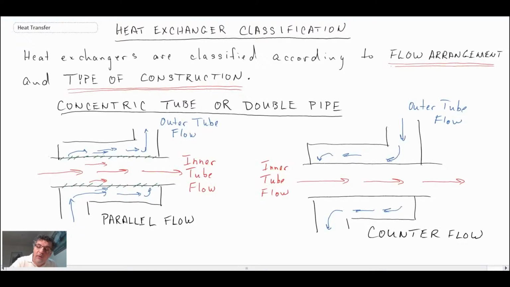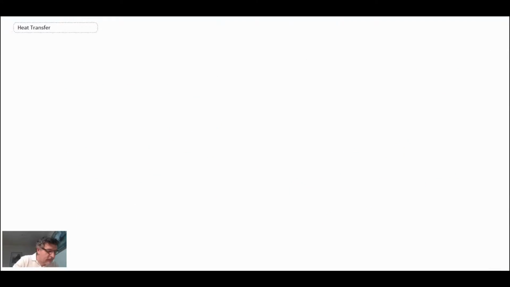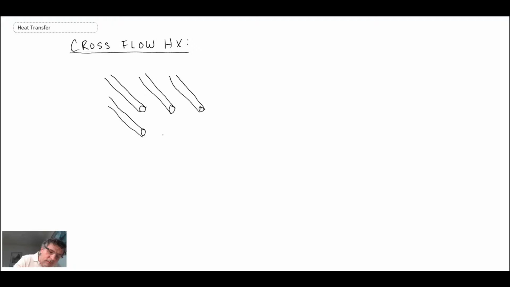Another flow arrangement and type of construction that we have is that for cross flow. So a cross flow heat exchanger is a different type of construction. And this is one where what we have is a tube bundle.